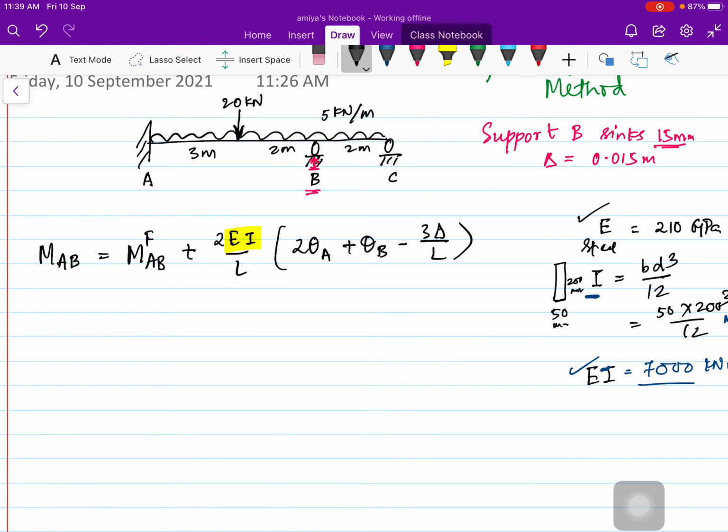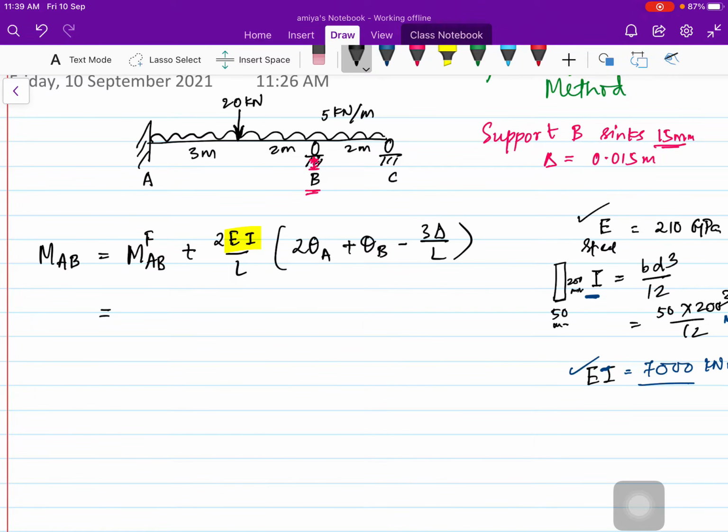Now let's calculate the MAB. So MAB is the fixed moment. In the AB span, we have a 5 kilonewton per meter UDL as well as a point load of 20.